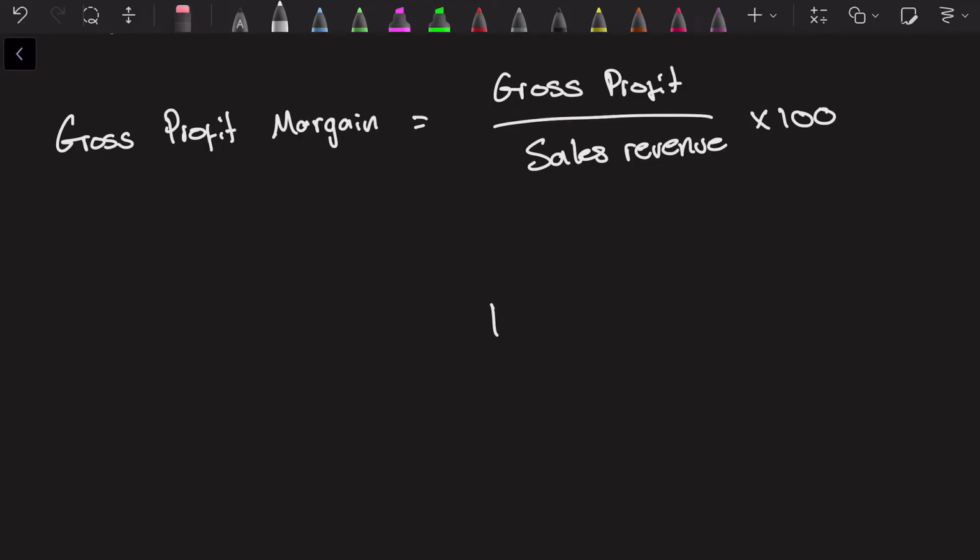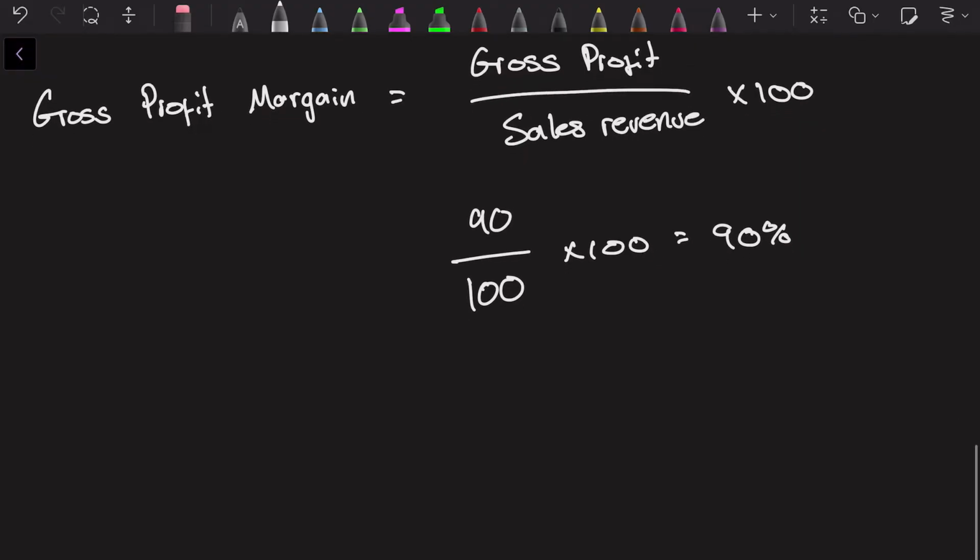Say my sales revenue is $100 and I make 90 in gross profit. I'm looking at a 90% gross profit margin, which is really good. That's saying 90% of all the revenue I get is profit. If you had 100%, that means all of your revenue is profit. I don't know what you're selling, but that's probably not possible, right? If this was 80, then 80%. Usually 60, 70 would be really good.